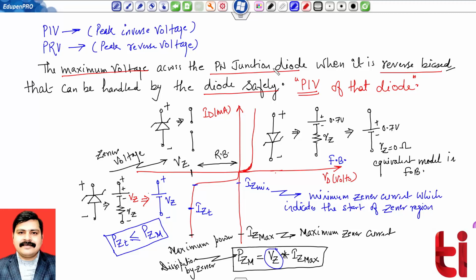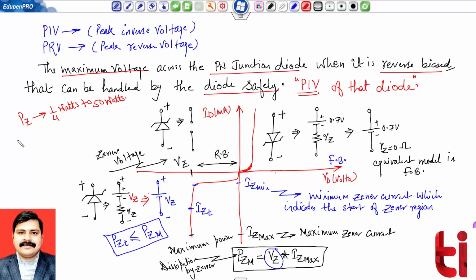So one more parameter related. Sometimes this Zener diode have a range of PZ, that is power. Its range is from quarter watt, that is 1 by 4 watt, to somewhere 50 watts.